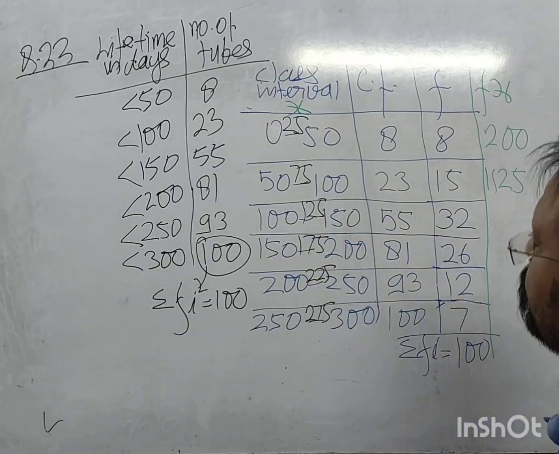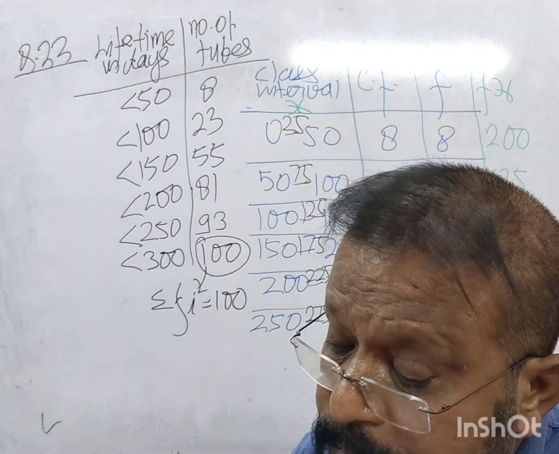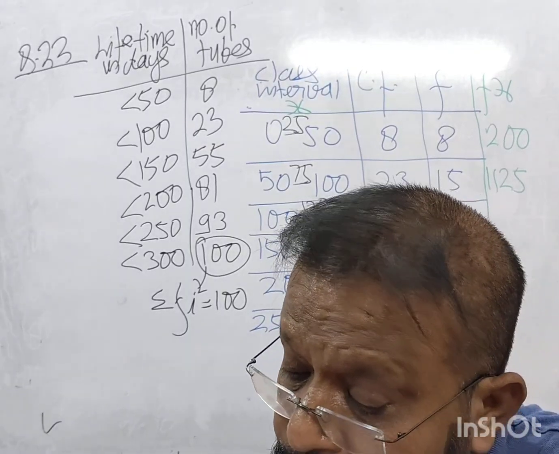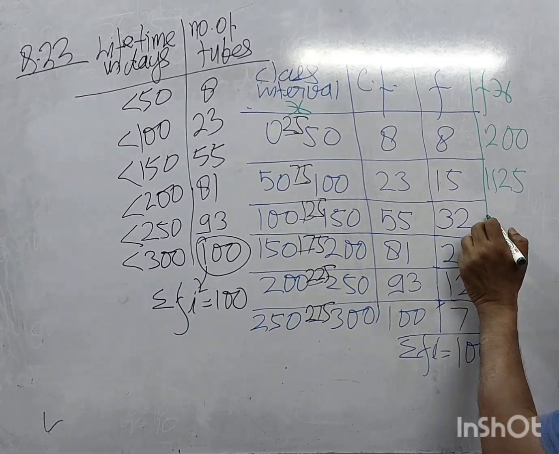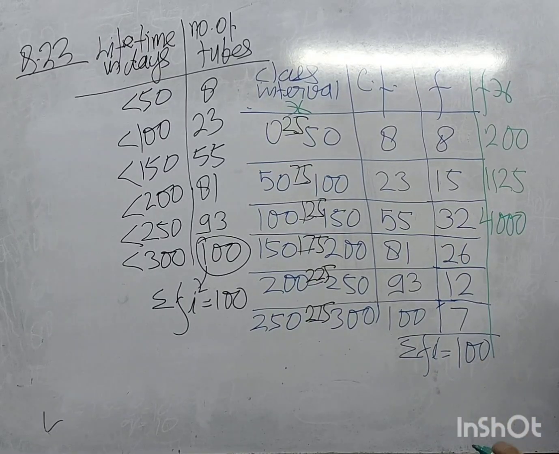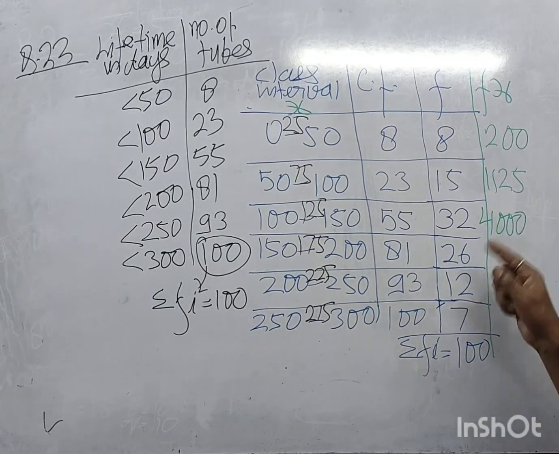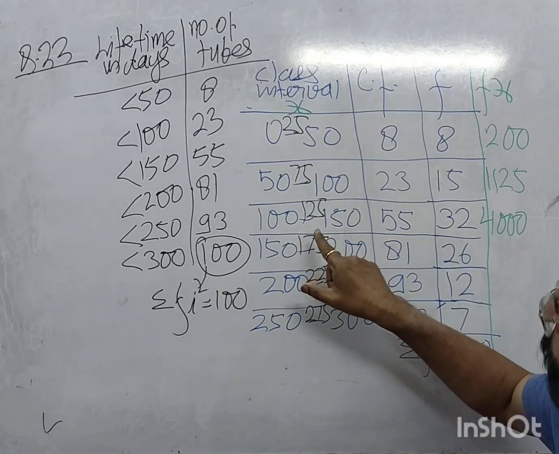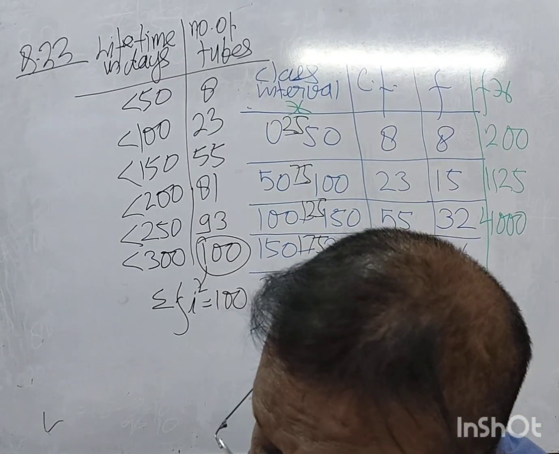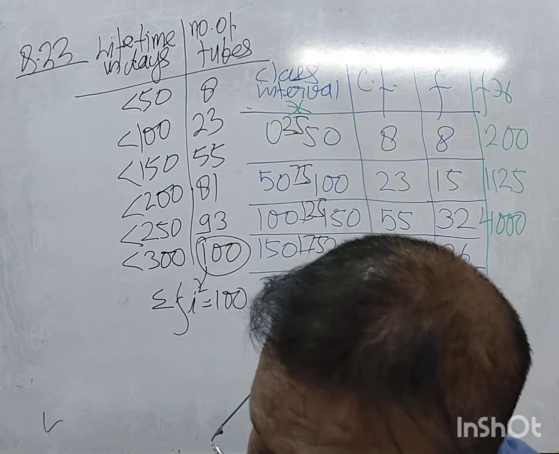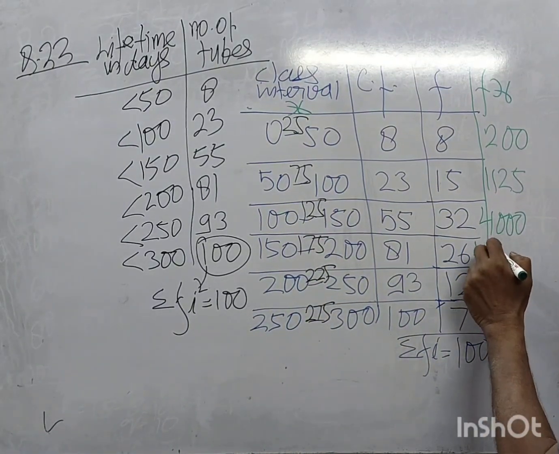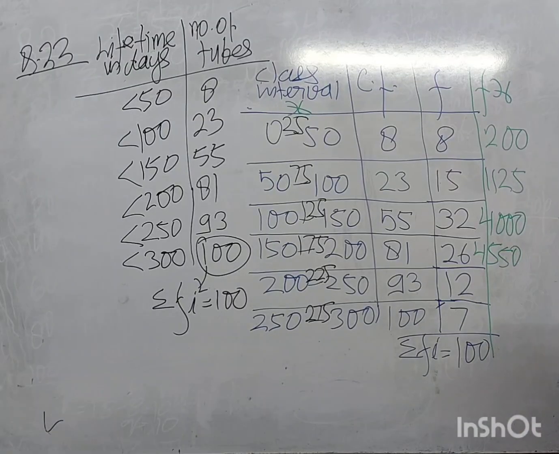Now 32 into 125. Oh, it's 4000, not 400. 32 into 125, 4000. 175 into 26, 4550.